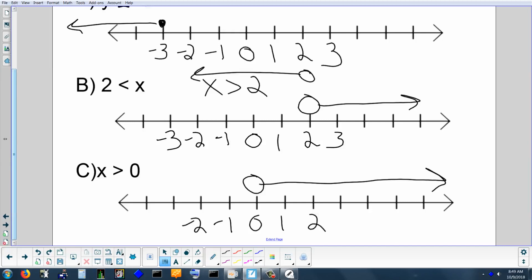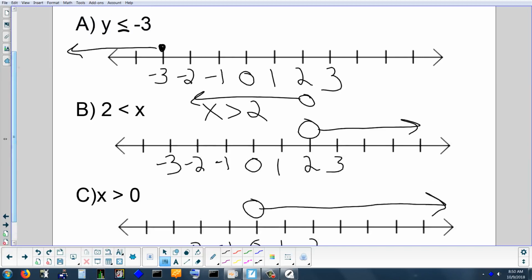So again, this is all asking you to do, no solving yet, but it's asking you to graph. Tomorrow we'll do some solving, but at the end of it, your answers are going to look like this. We'll try to do the same thing, get y, get x alone, when we solve tomorrow. The process of graphing, open, close, direction it's pointing, is all the same.